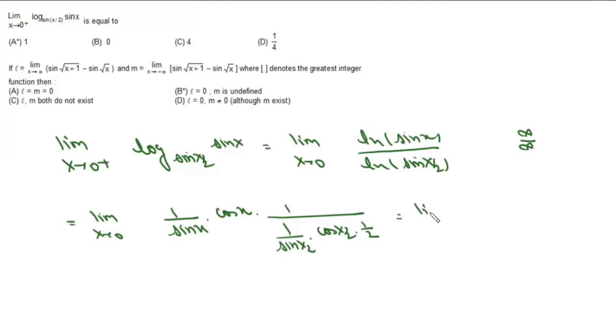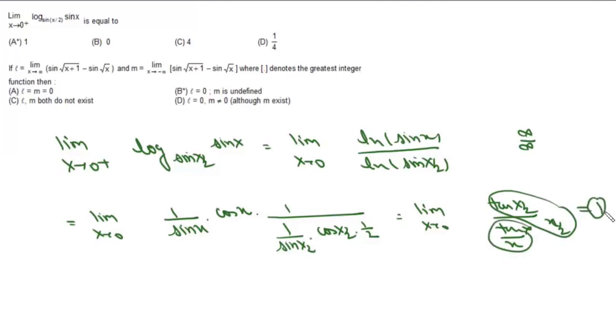Now we can write this as limit x tends to 0, tan x by 2 upon tan x, and this is 1 by 2. We'll multiply and divide everything with x. Now this is 1, this is 1, so the value of this limit is 1, and that's your option A.